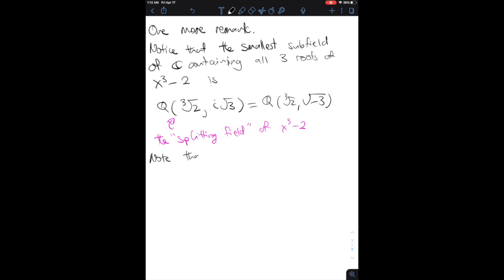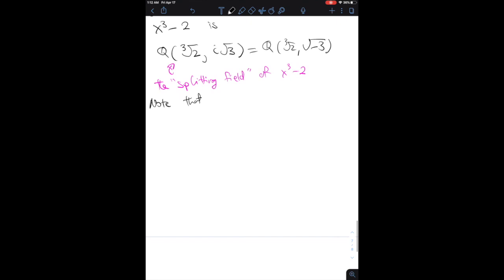We're going to talk more about splitting fields hopefully in the future. And just notice that the splitting field, well, let's work out its degree. So let's try to work out the degree of the splitting field in this case. Let's write this field like this.